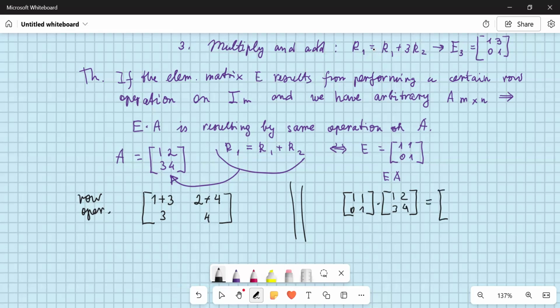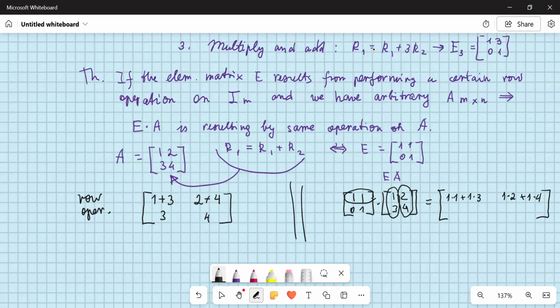I'm going to start by multiplying this row by this column, and that's going to be 1 by 1 and 1 by 3, right? So I write 1 by 1 plus 1 by 3, and that's my first element. My second element is the first row by the second column: 1 by 2 plus 1 by 4.